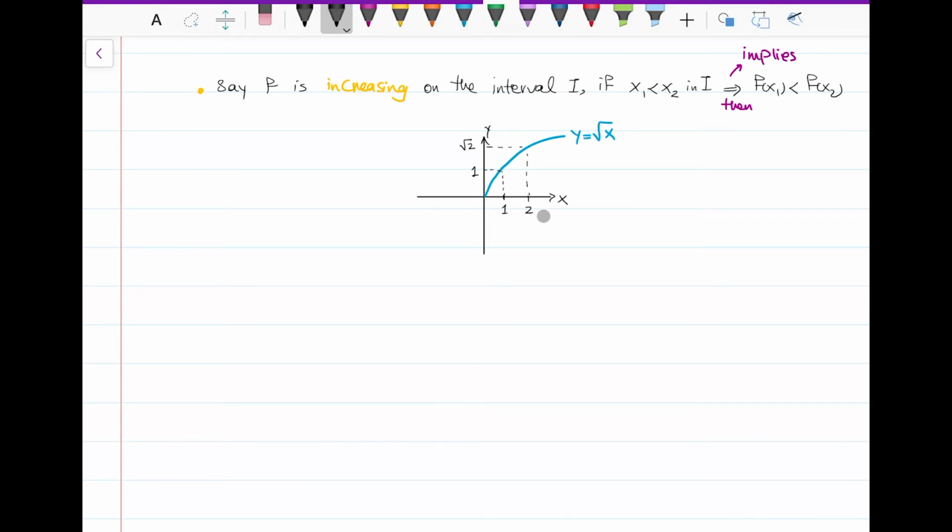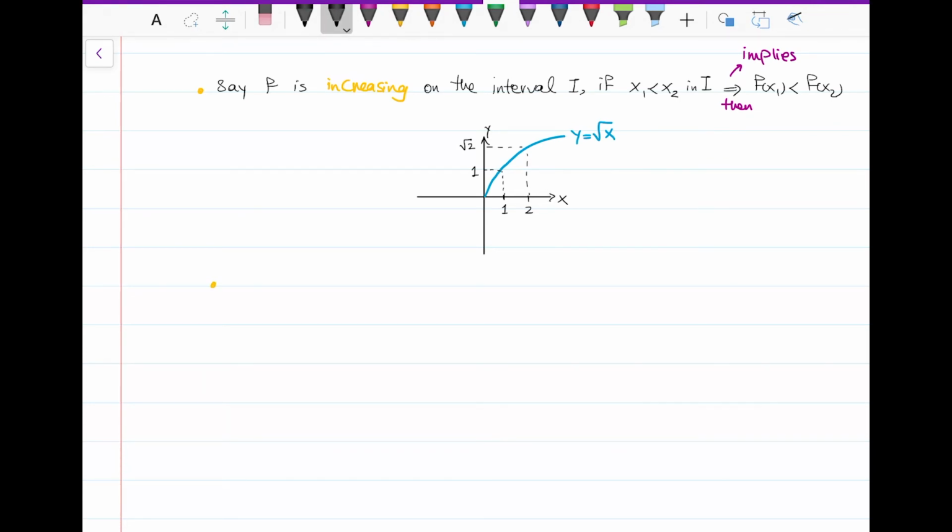So f of 1 is less than f of 2. If you pick any x1 less than x2, then we get f of x1 less than f of x2. It's an increasing function. As you see, if we go along the positive x-axis, the function is increasing.